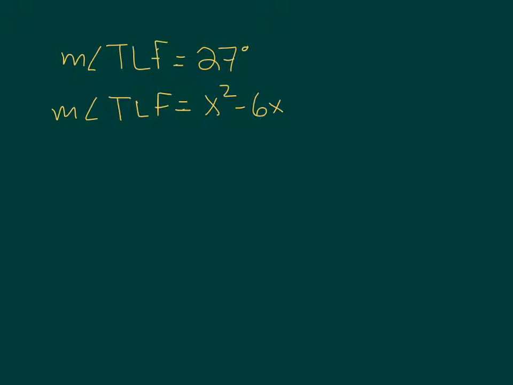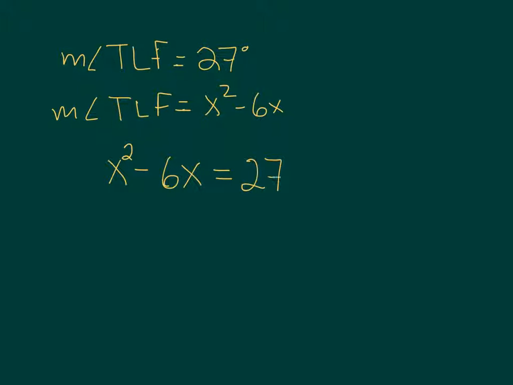Well, what we have here is two different ways of representing TLF. So this is representing TLF in terms of x. That's the number. But TLF is the same angle. So what we're saying is that the measure is equal to 27. So there's my equation.